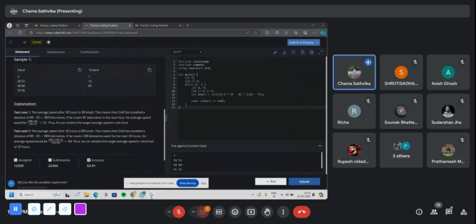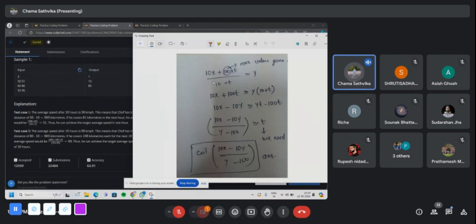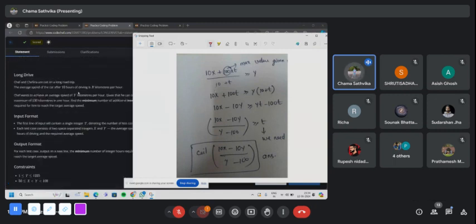So I made this formula: 10x plus 100 into t, where 100 is the maximum value given in the question, and we need to find the time t, divided by 10 plus t. They have given in the question the average speed of the car after 10 hours.